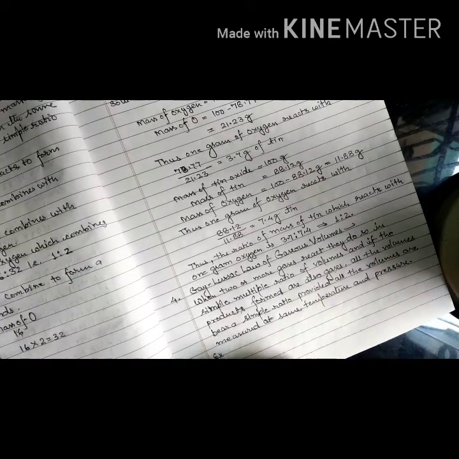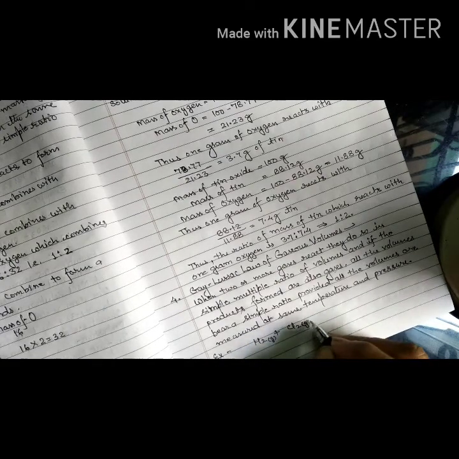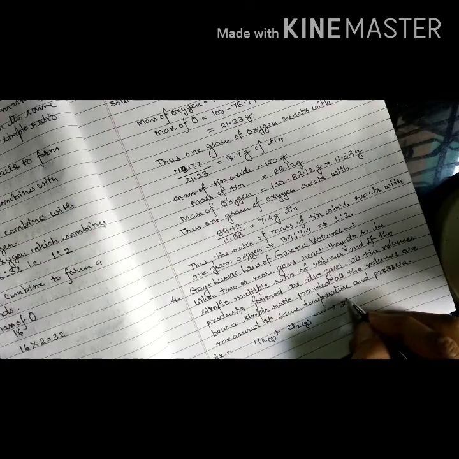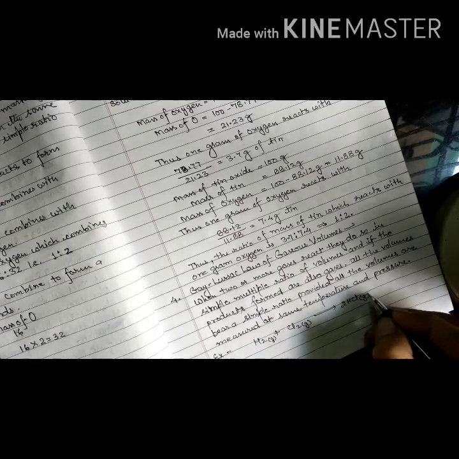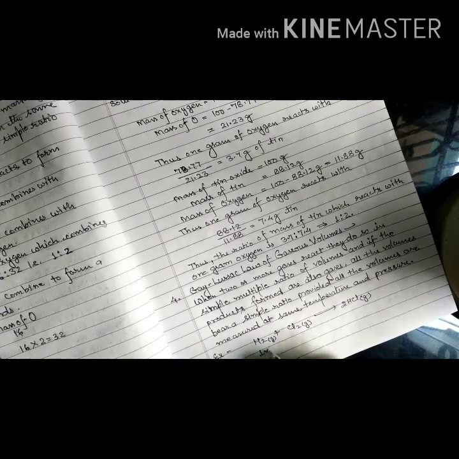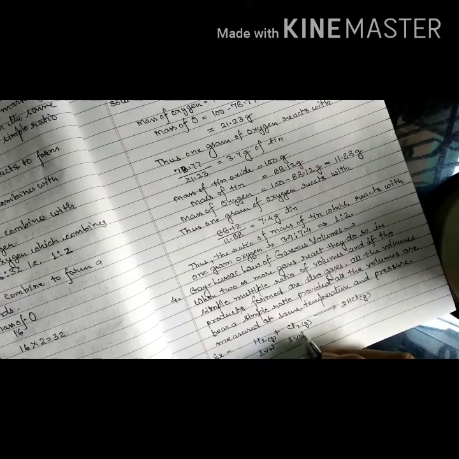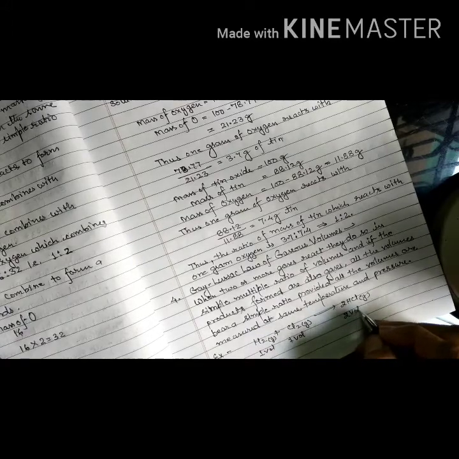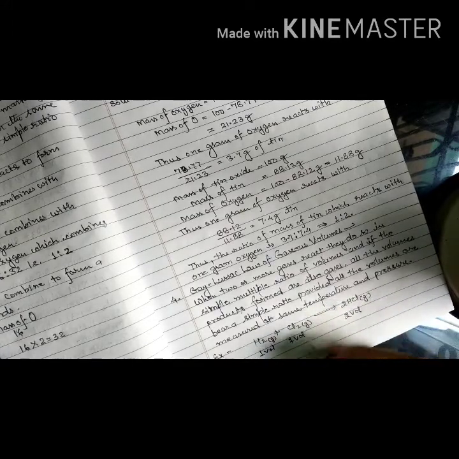So let's take an example. H2, which is in gaseous state, reacts with Cl2 gaseous state. This gives 2HCl gaseous state. So 1 volume of hydrogen combines with 1 volume of chlorine to give 2 volume of HCl. So the ratio between the reactant and products is 1:1:2.